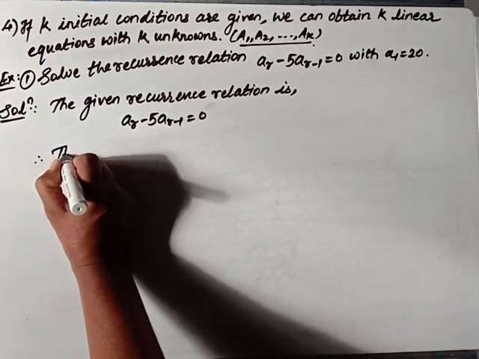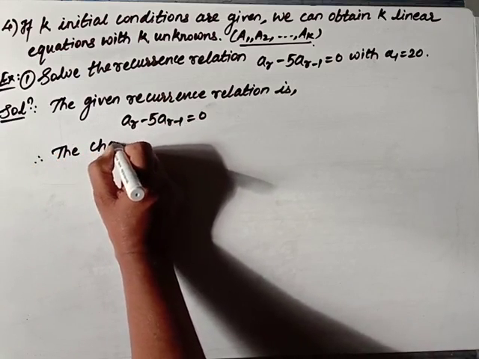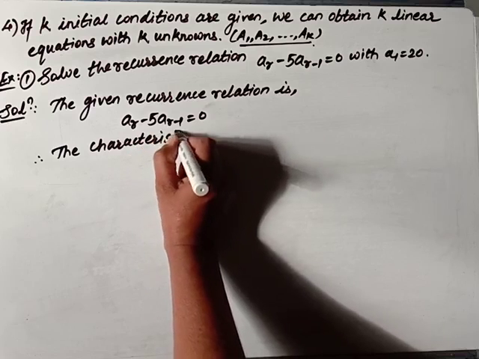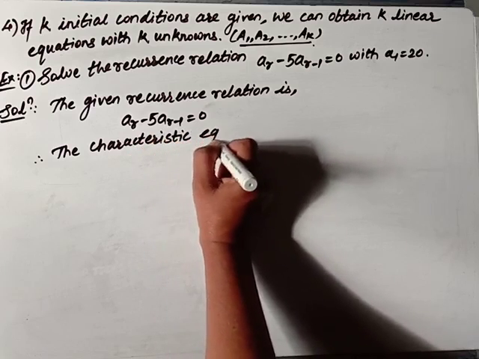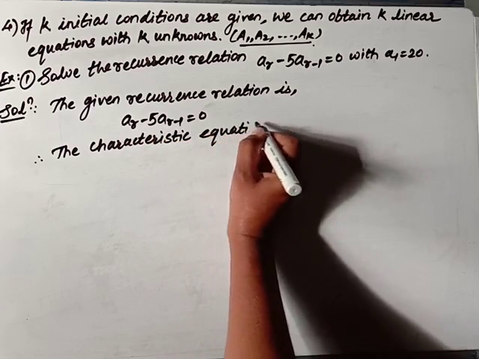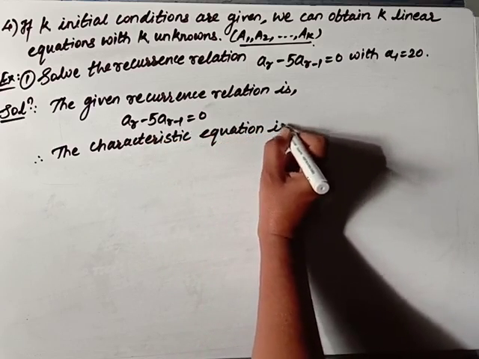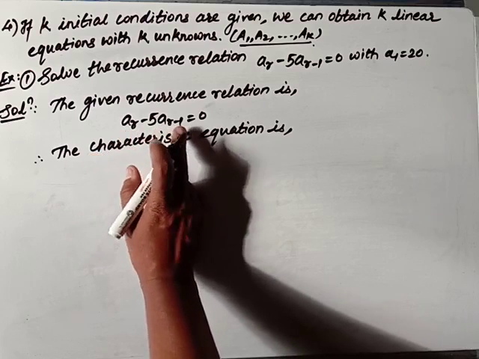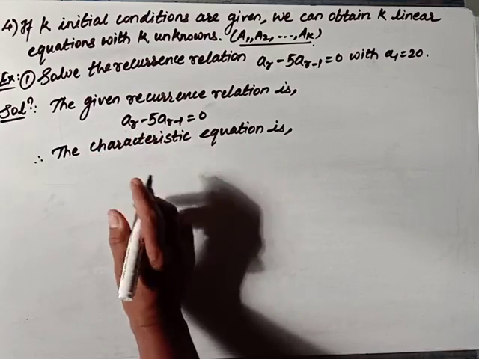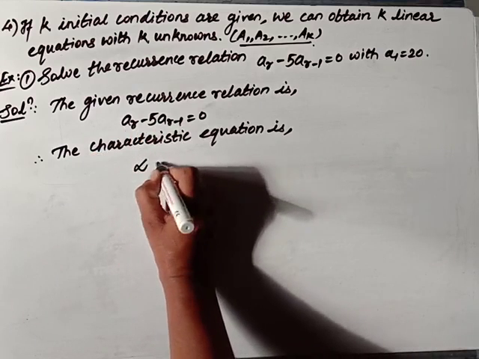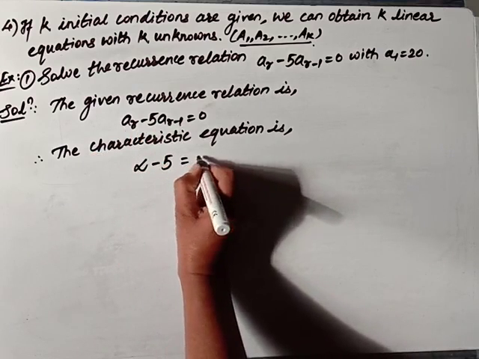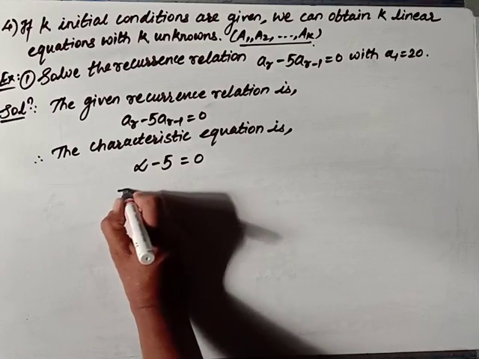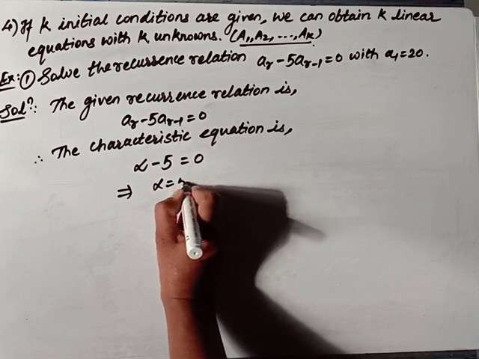Therefore, the characteristic equation is: a_r will be replaced by alpha, and the last term a_(r-1) we will skip here. So, alpha minus 5 is equal to 0. This will be the characteristic equation here, and that gives us alpha is equal to 5.